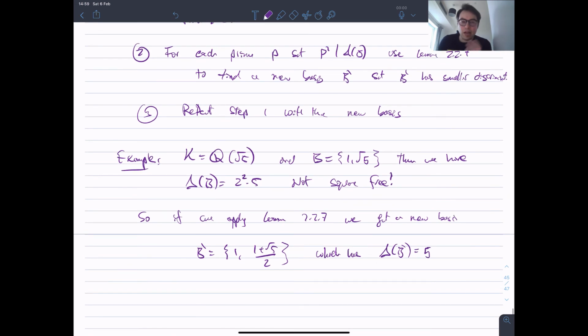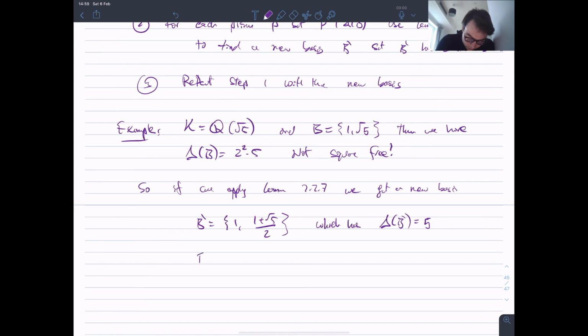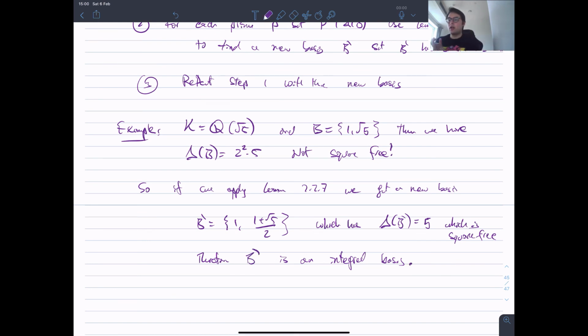And now by the corollary we had, I now have a discriminant which is square free, so this has to be an integral basis. Therefore, B primed is an integral basis. Great.